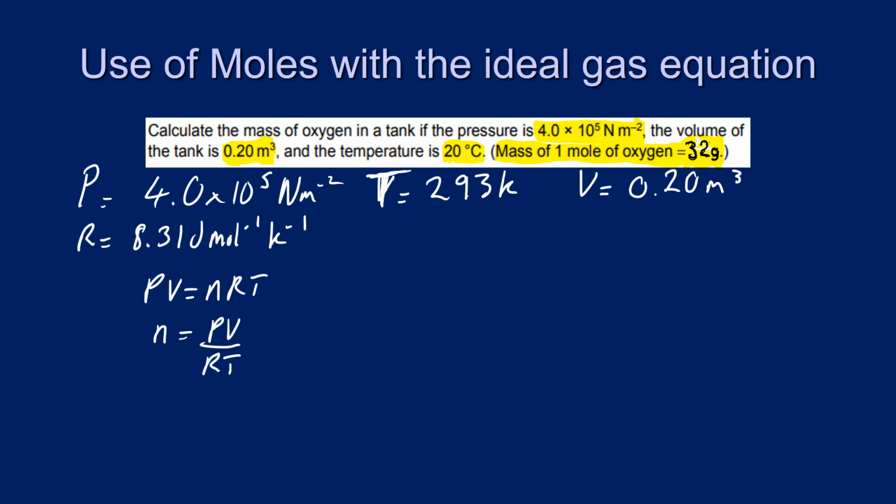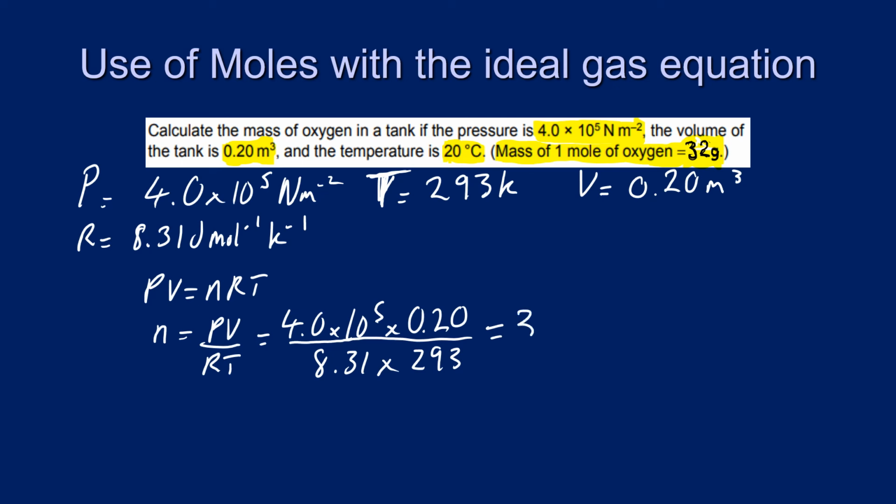Then substitute values in. Put that into your calculator. So a value for n, I get 32.86 moles. We'll leave it unrounded at this point.